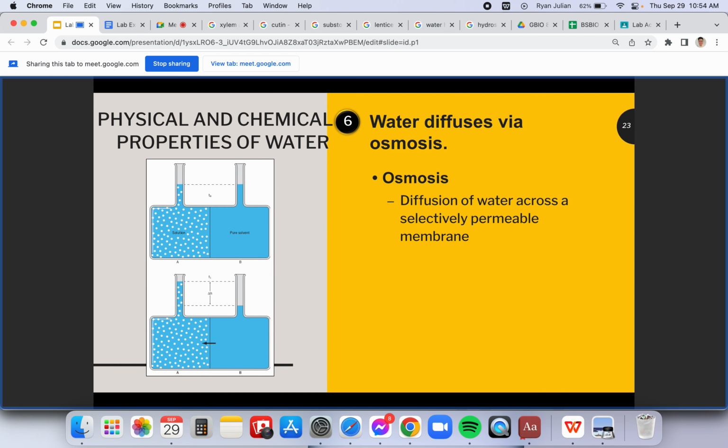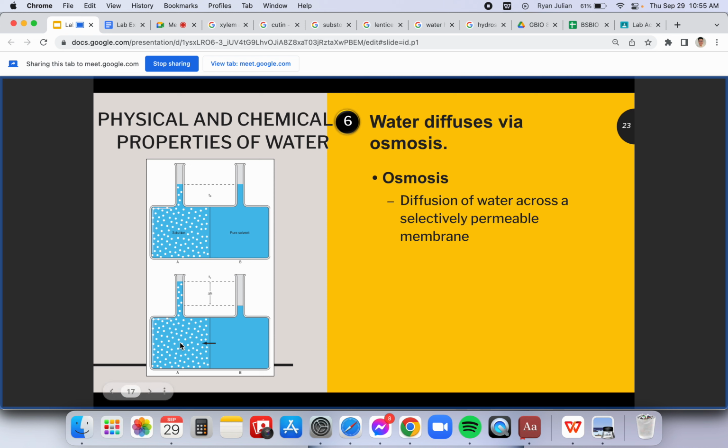And what is osmosis, by the way? It is the diffusion of water across a selectively permeable membrane. This example shows you how osmosis works. Basically, these are the various water molecules that are not permeable to the pure solvent. And for the second image, you can see that the water molecules have stayed in the solution.